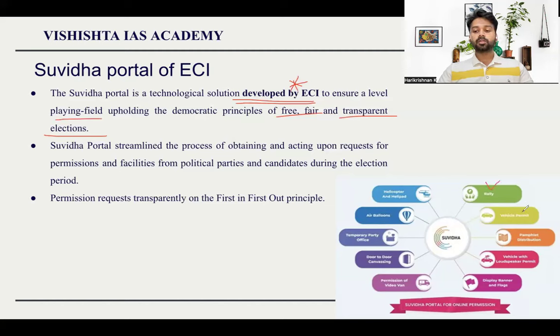Permission to conduct rally, to take out some vehicles, to provide pamphlet, to place loudspeakers, to display banners, to carry on with a video van all over the district or their constituency, door-to-door canvassing, having a temporary party office in some particular place, flying air balloons and helicopters and helipad. So all these permissions can be attained from the Election Commission of India through this portal itself.